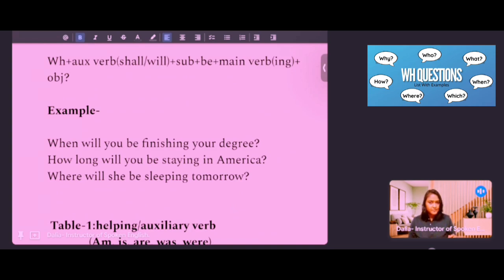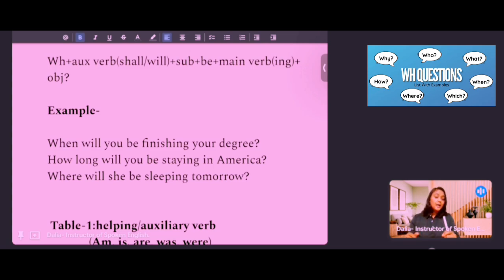Okay, clear? But I would like to tell you one thing. Please be careful about the auxiliary verbs, because for the simple future tense, we have to use only shall or will according to the subject, but for future continuous tense, we have to use shall be or will be. Be careful about it.